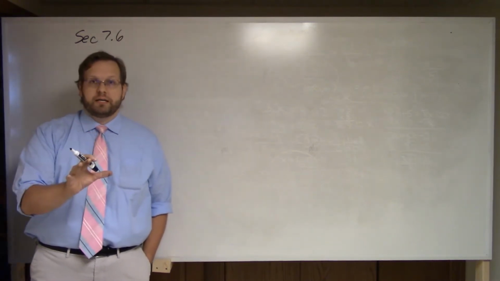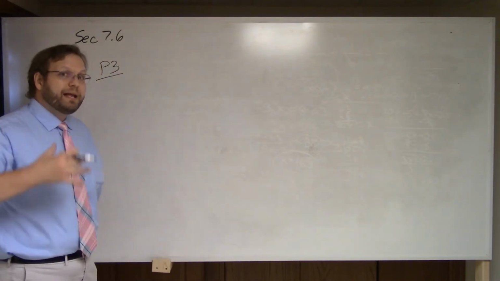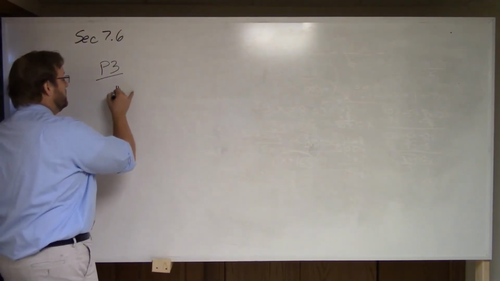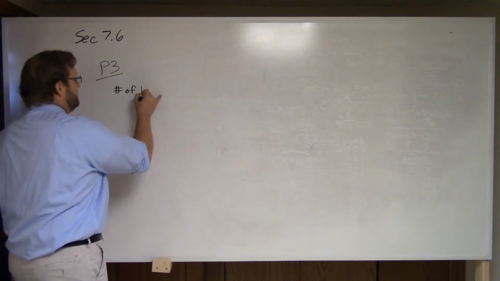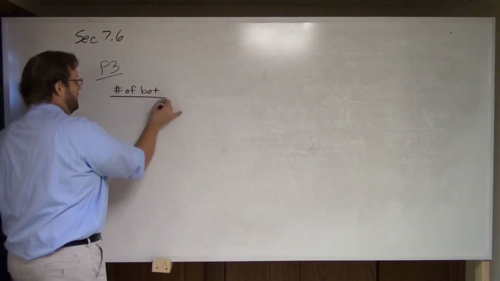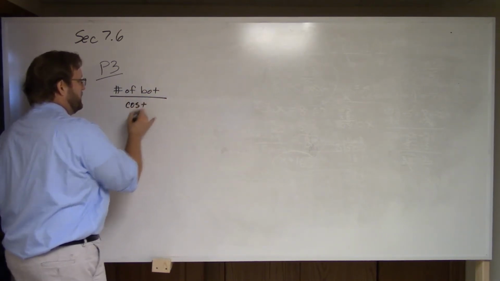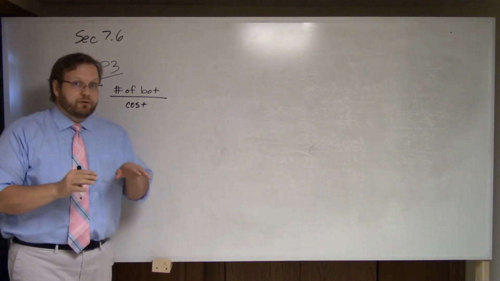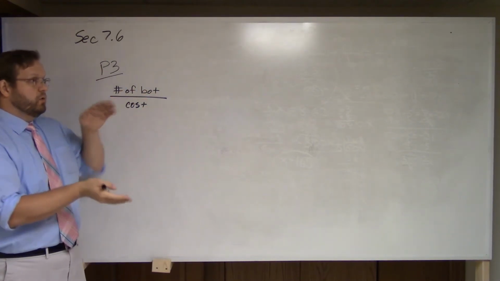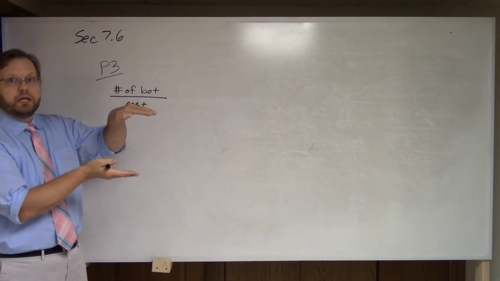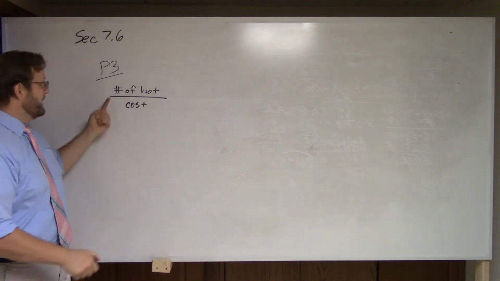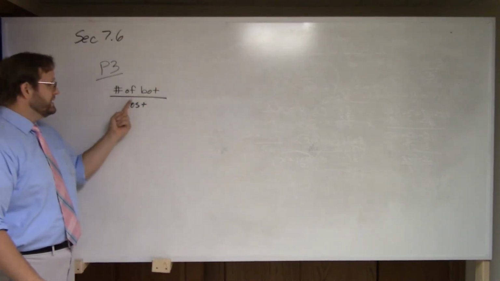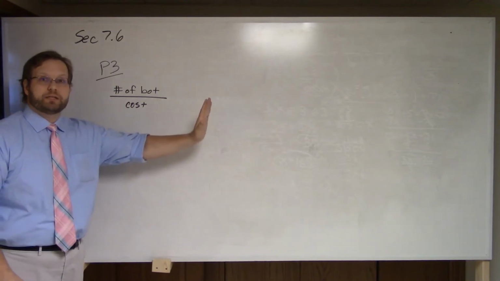What are we talking about? We are talking about and comparing number of bottles and the cost. Now, it does not matter if you go number of bottles, cost, or cost, number of bottles, as long as you're consistent. That's why I really suggest you write this out so you can stay consistent the rest of the way.